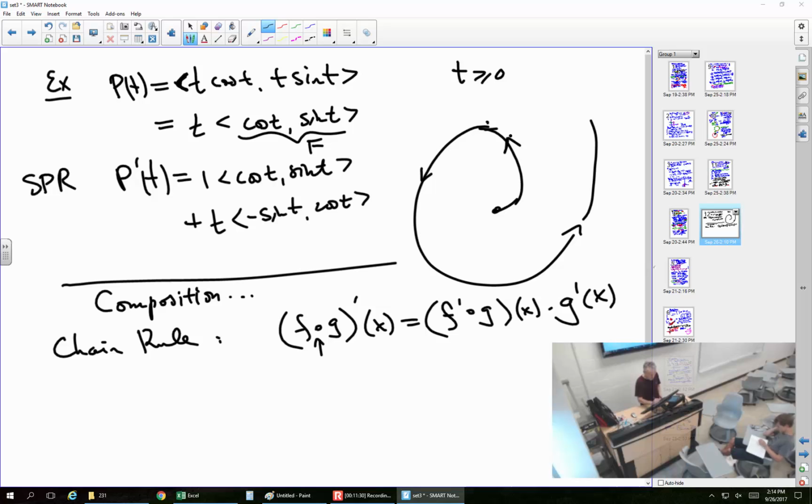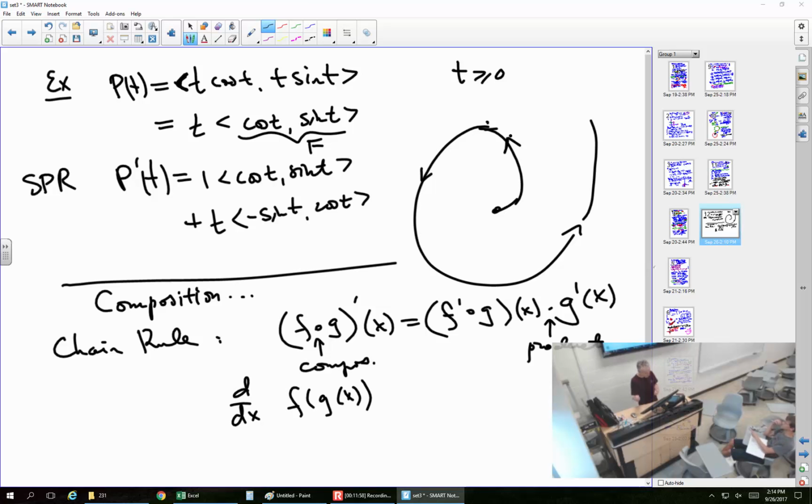So that's at least the initial point of view: composition turns into a product. Of course, this is not just the product of the derivatives, because you have to compose f prime with g in order for the whole thing to make sense. Let me also write the second version, which is slightly different. d/dx of f of g of x.